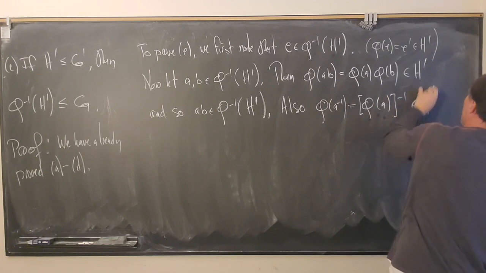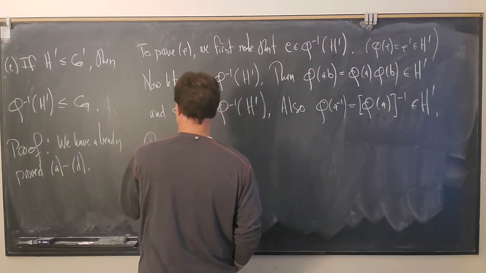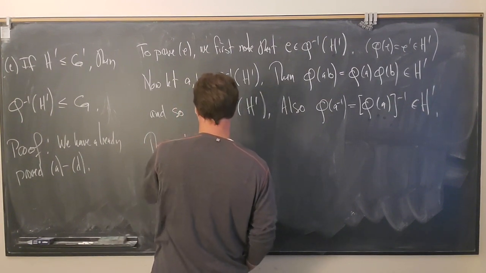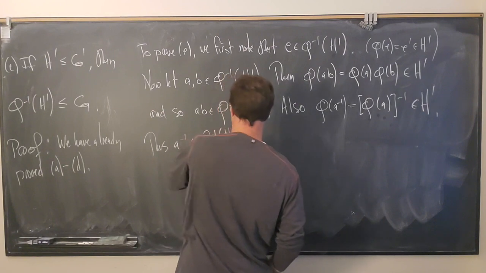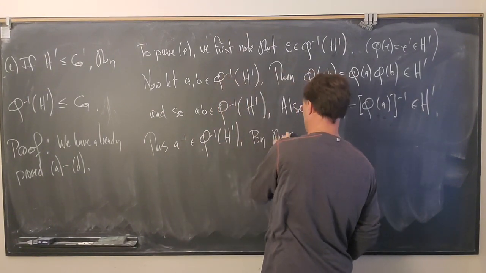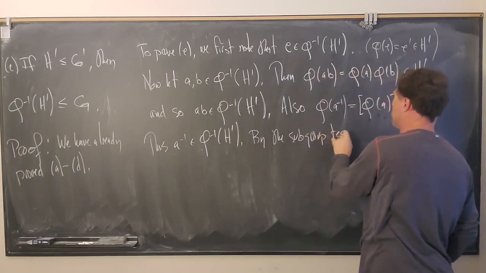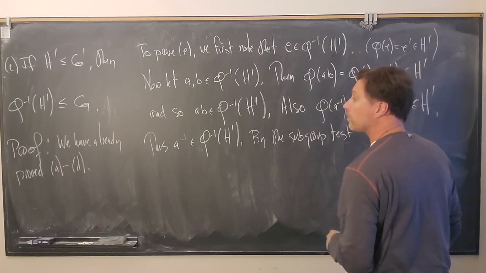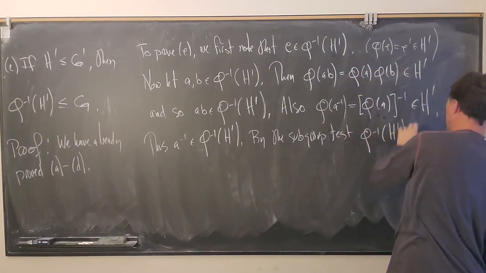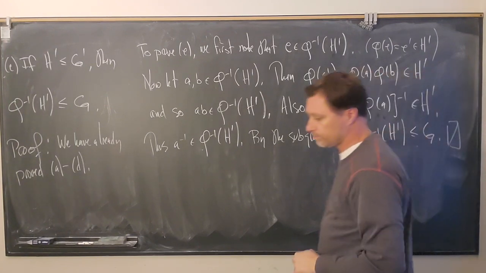So that's in H prime. Thus, a inverse is in phi inverse of H prime. So, by the subgroup test, phi inverse of H prime is a subgroup of G. All right, so that completes the proof.